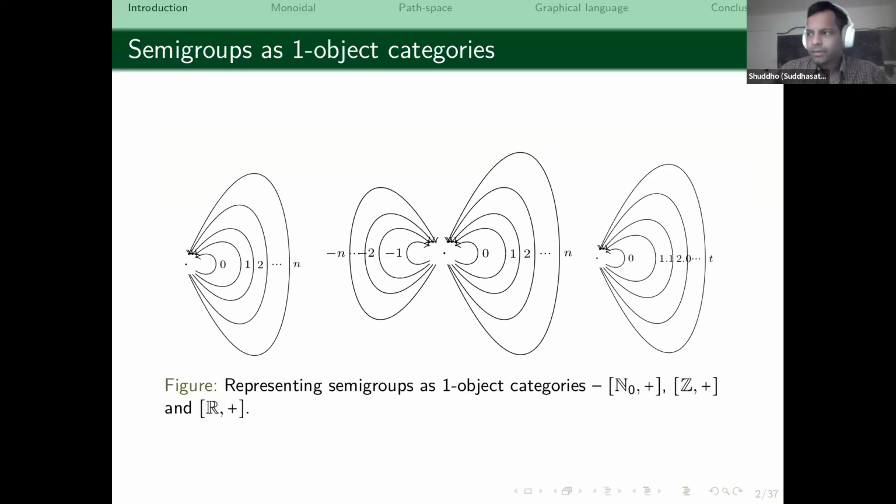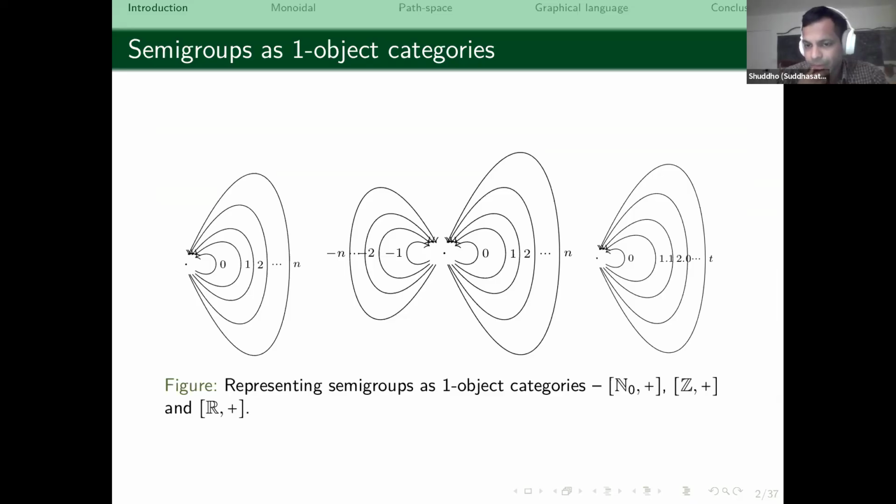So let me begin by drawing a picture of three semi-groups actually. This is a simple illustration of the additive semi-groups of non-negative integers, integers, and real numbers. And of course, there are many more groups that exist.